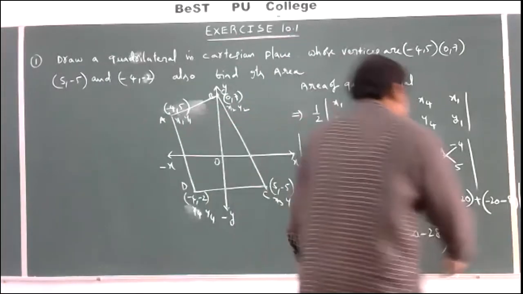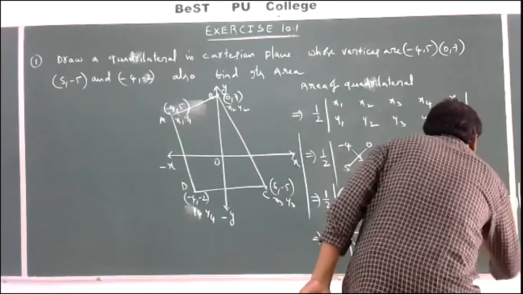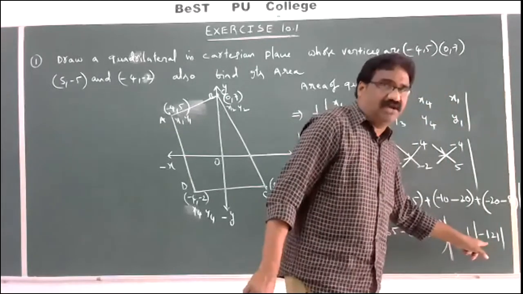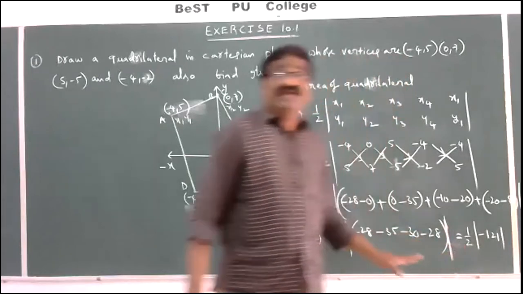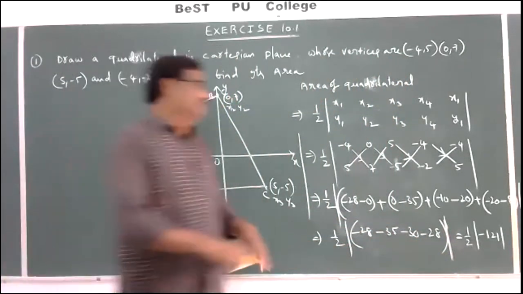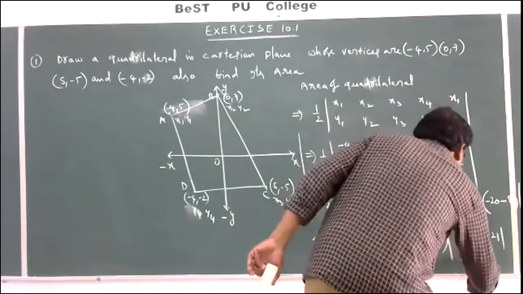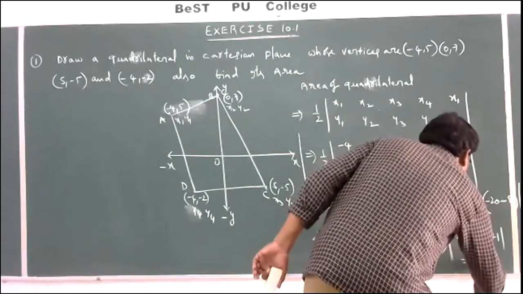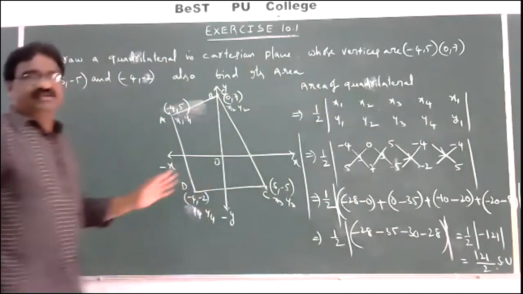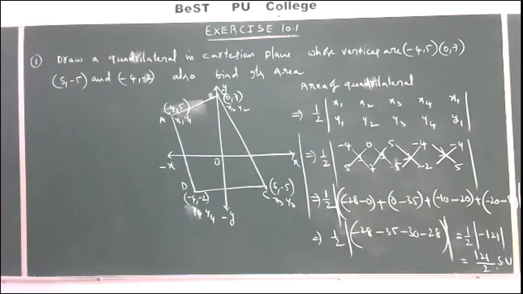That is one by two mod of minus 121. Modulus is nothing but absolute value, that is positive. So area is always positive. Any figure's area is always positive. That's why the answer is 121 by 2 square units.